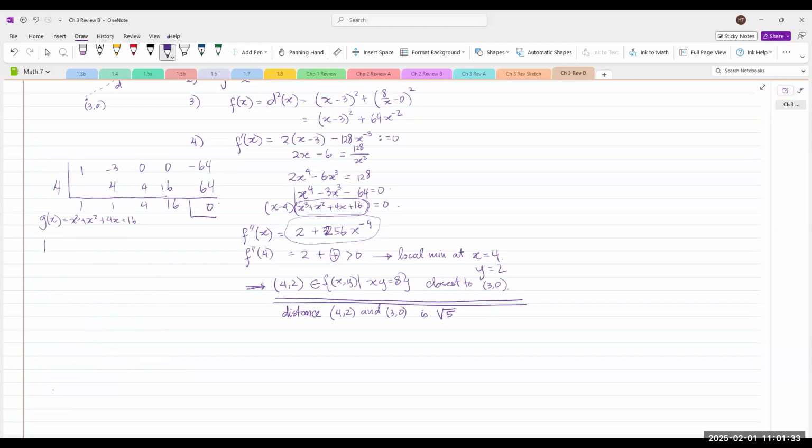By the intermediate value theorem, the way I showed it earlier, there is a zero of g(x) between negative 3 and negative 2, right? Okay.